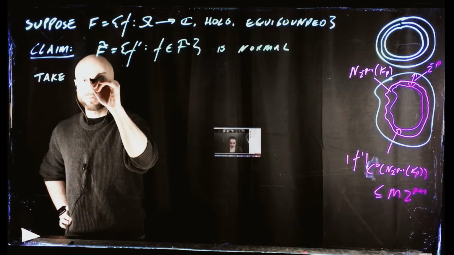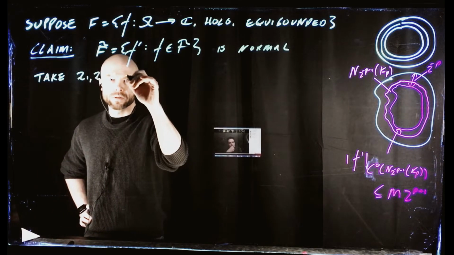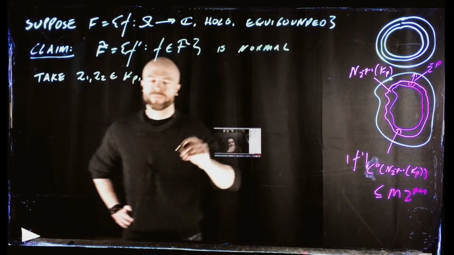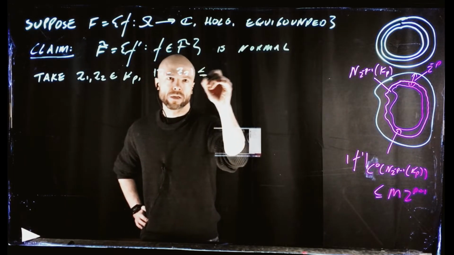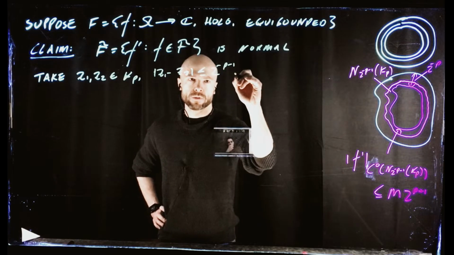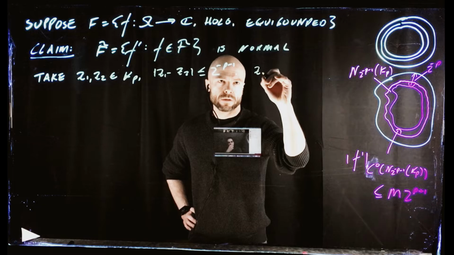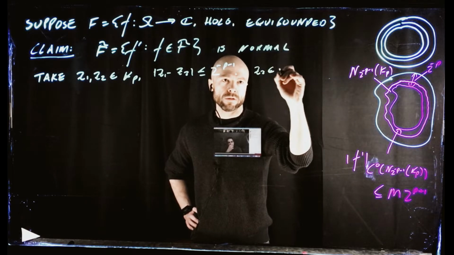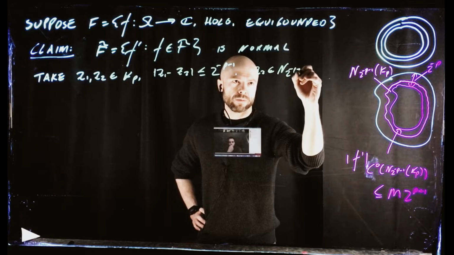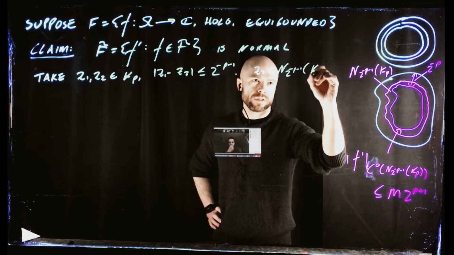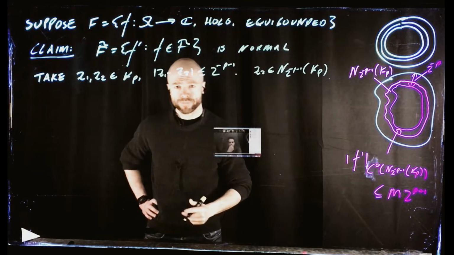So take z1 and z2 belonging to our set Kp, yeah, with |z1 minus z2| less than 2 to the minus p minus 1. So in particular, z2 belongs to the 2 to the minus p minus 1 neighborhood of the set Kp, because z1 is in this, yeah?